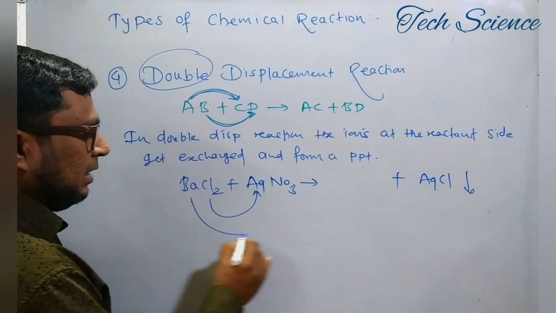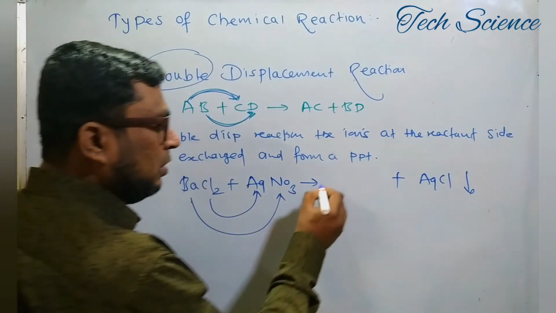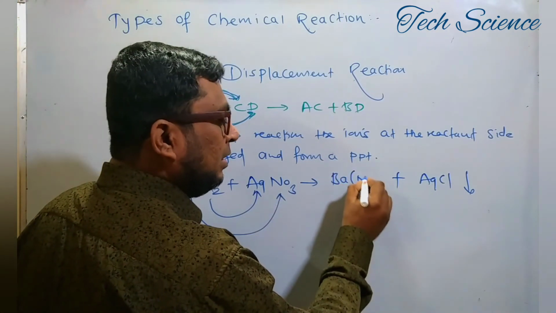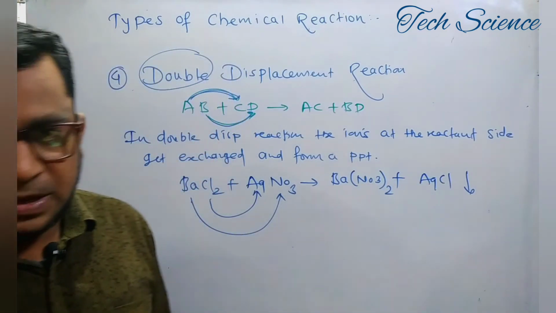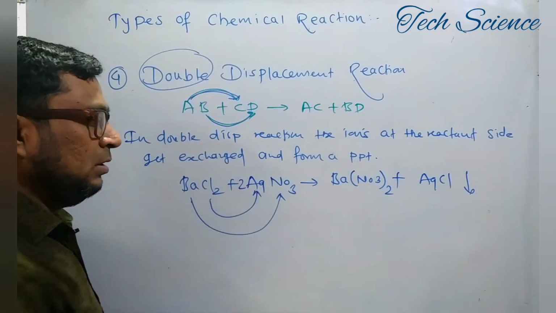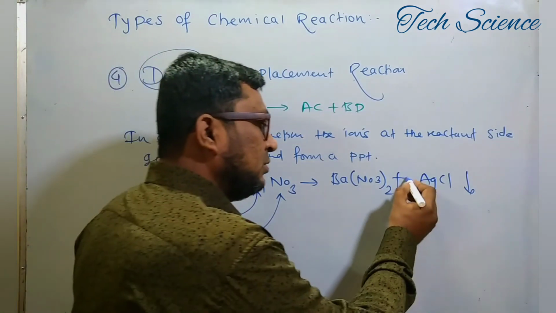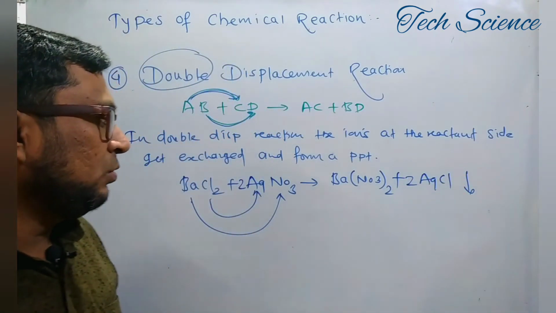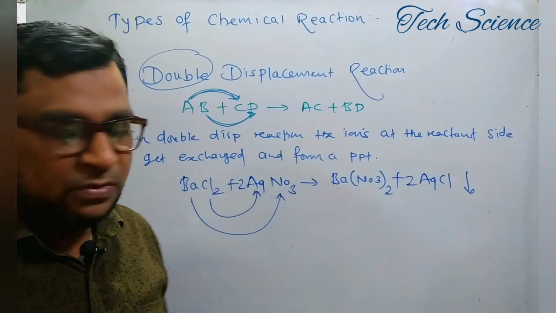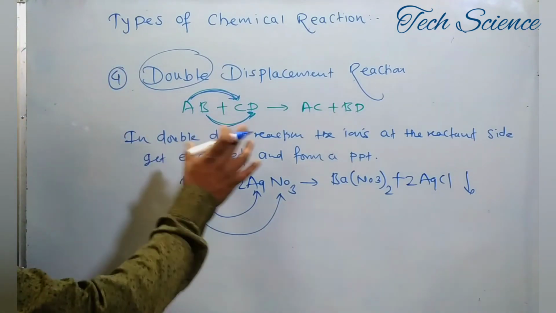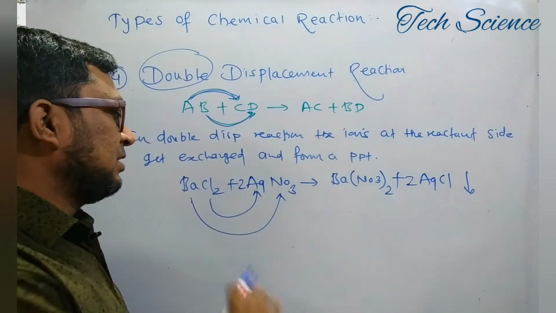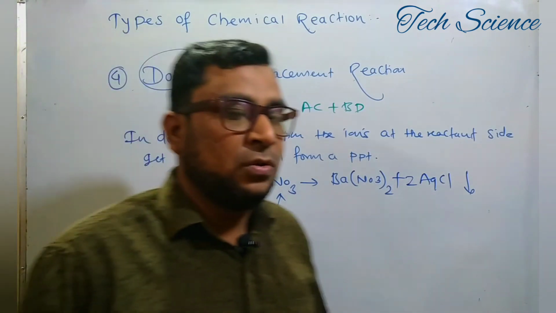And Ba combined with nitrate gives barium nitrate, with nitrate taken twice. It's very easy to balance: here you get 2, and here you proceed with 2. For balancing, I already uploaded a video, you can see that. So this is the double displacement reaction, where the ions at the reactant side are exchanged to form a PPT.